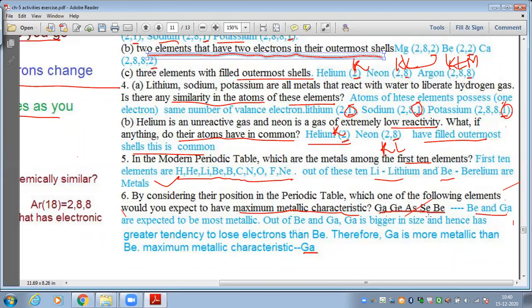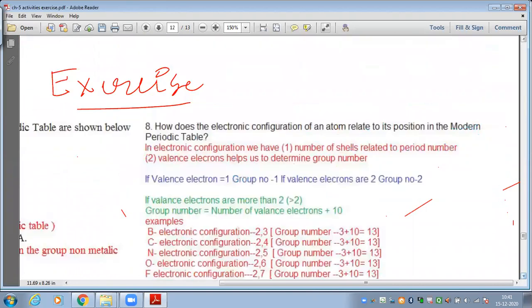Beryllium and gallium are expected to be metallic in nature. If we compare them, gallium is present in the 4th period, so gallium is bigger in size and hence has a greater tendency to lose electrons than beryllium. Therefore gallium is more metallic than beryllium.